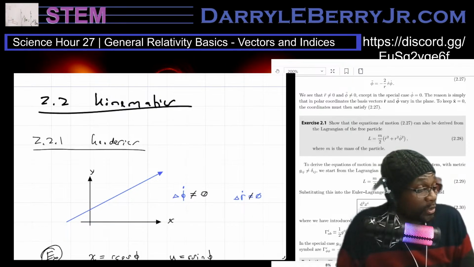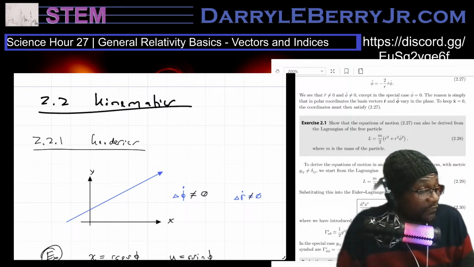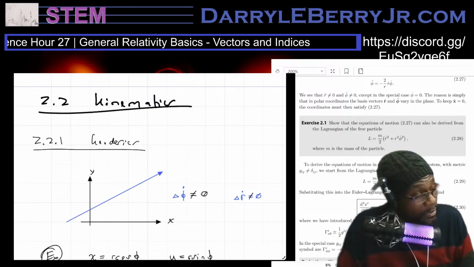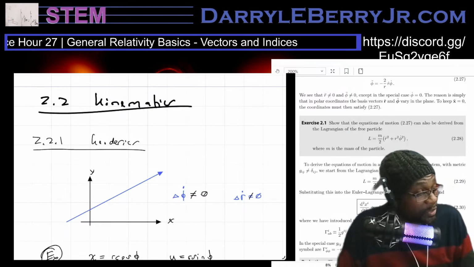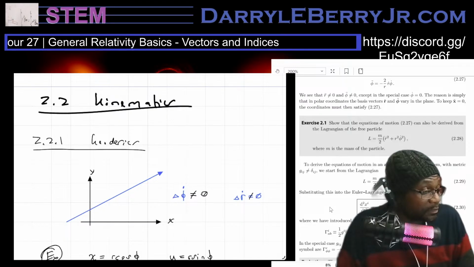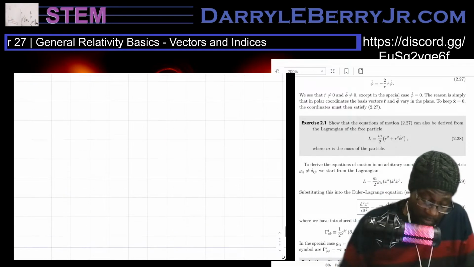Substituting this into the Euler-Lagrange equation, we find d squared x^i over dt squared equals negative the Christoffel symbol Gamma^i_ab dx^a over dt dx^b over dt. I'll write that down.